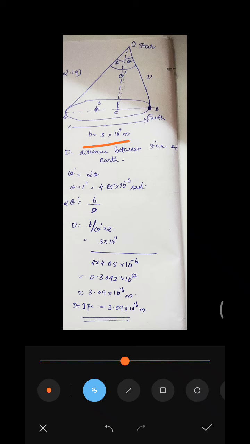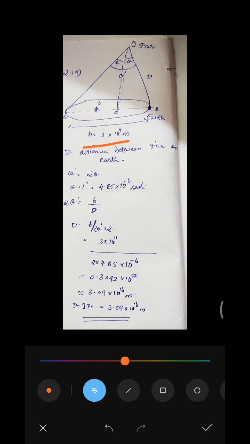However, even the nearest stars are so distant that with such a long baseline they show parallax only of the order of 1 second, meaning arc second. So the value of theta is 1 second.